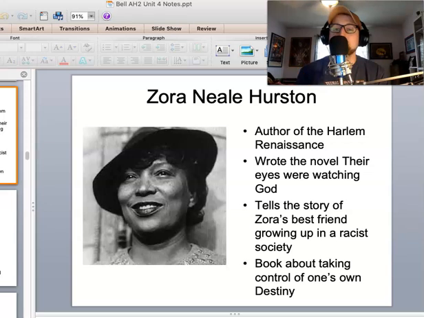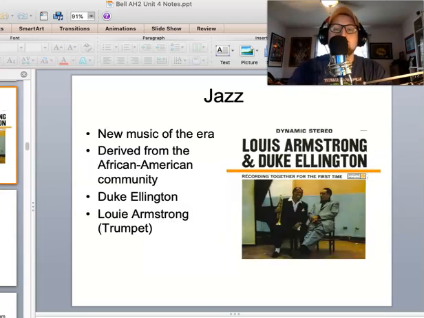She transcends what they see her as. She works hard, and she becomes something in the United States as a young black girl from the South. And it tells the story of really her best friend growing up, but of course they use fictional names and things of that nature.